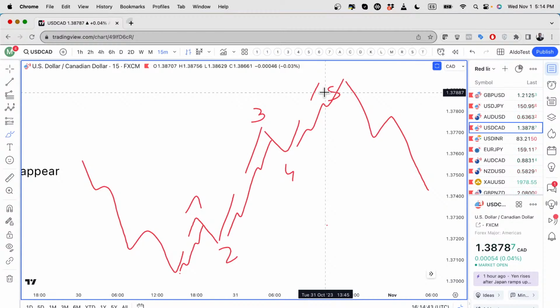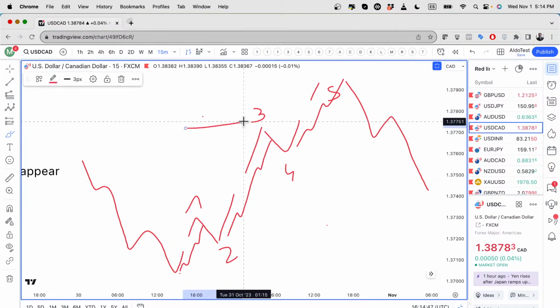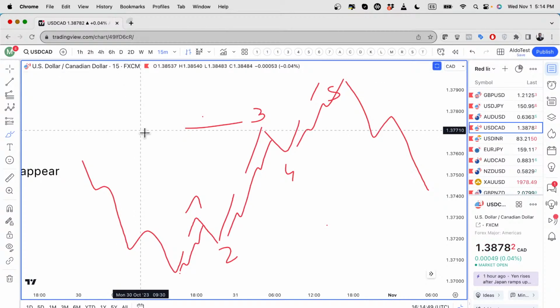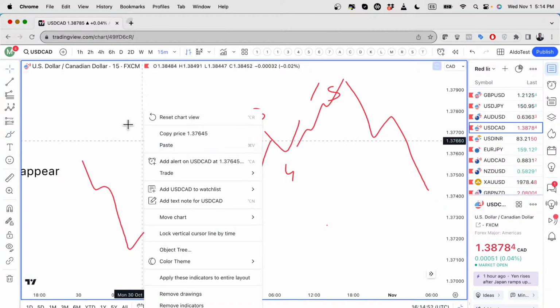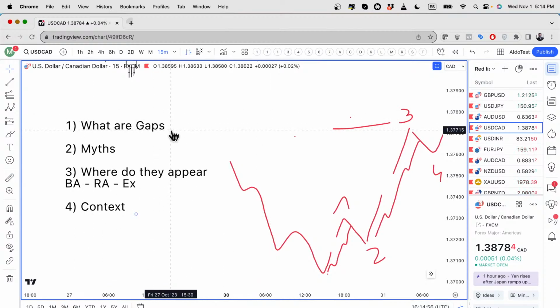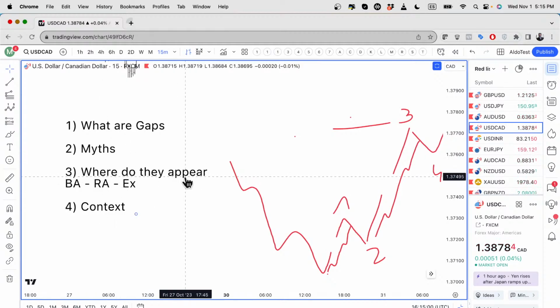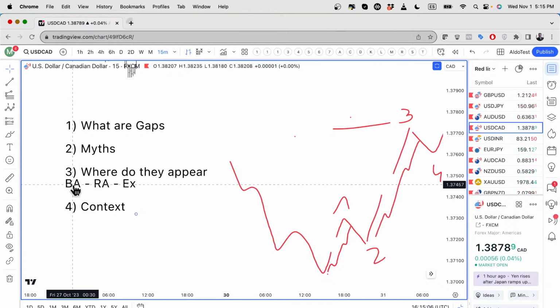Okay, so now that you have the entire explanation of gaps, you know what gaps are, you know the myth and why, you know where they appear: the beginning of the trend, the middle of the trend, or the end of the trend. Call them breakaway gaps, runaway gaps, or acceleration gaps. They also call the acceleration gaps measuring gaps.